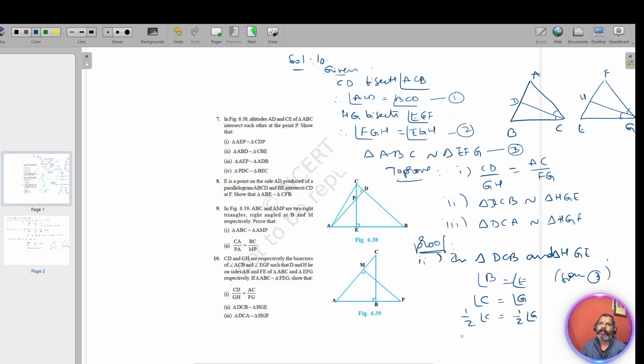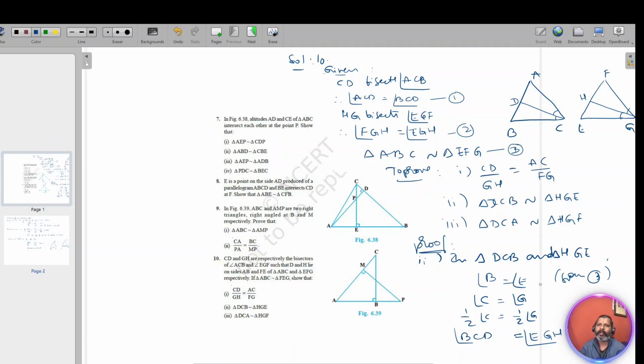Half C is BCD, and half G is EGH. Whatever is required in the triangle, you take. Half C can be ACD also, but that's not required right now; it's required in the next part.